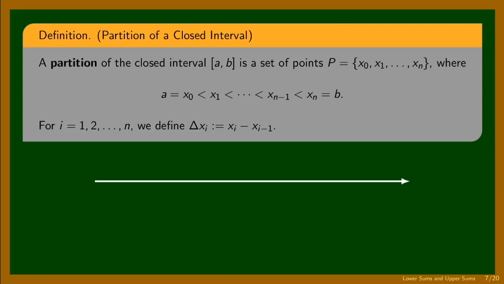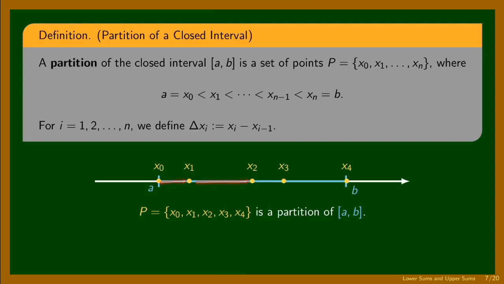Okay. So this is the real number line, and this is the closed interval from A to B. This is an example of a partition of the closed interval from A to B. You see that it doesn't matter kung hindi pantay-pantay yung distansya ng mga magkakasunod na points.